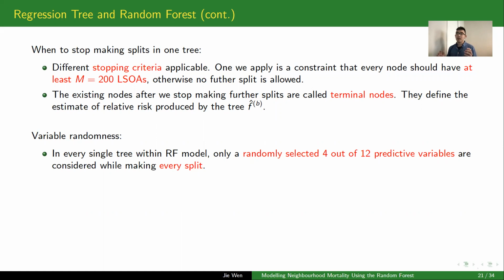That is called the sample randomness we introduce into the random forest algorithm. Here we also have variable randomness as well, which means in every single tree within the random forest model, for every single split, only a randomly selected 4 out of 12 predictive variables are considered when making this split.